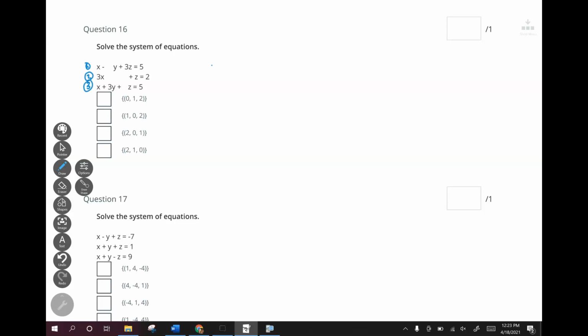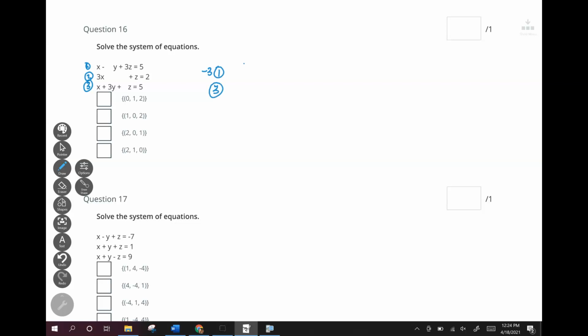So I'm going to do negative 3 times equation 1 plus equation 3. Maybe I should just write it out like this. Negative 3 times equation 1. And then I'm going to just rewrite equation 3.